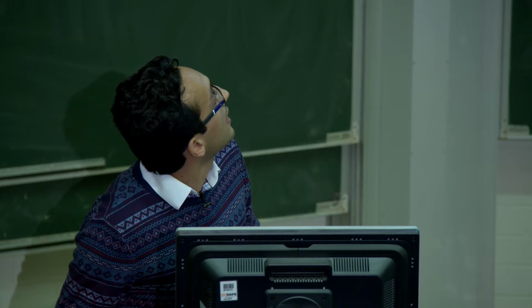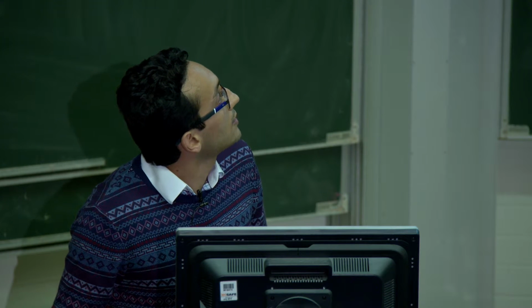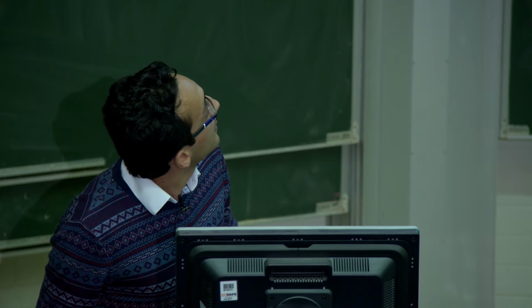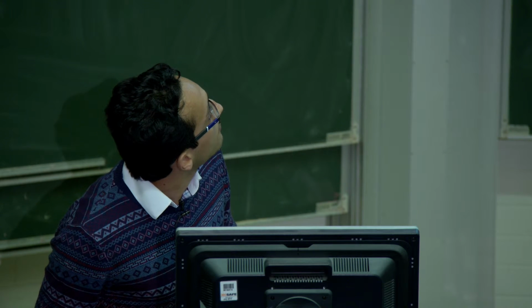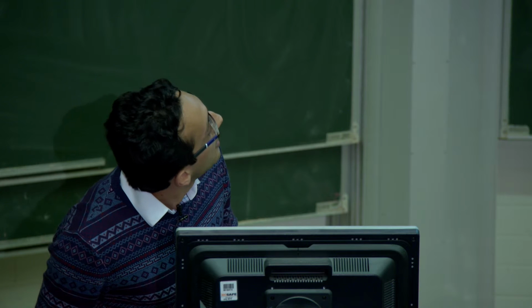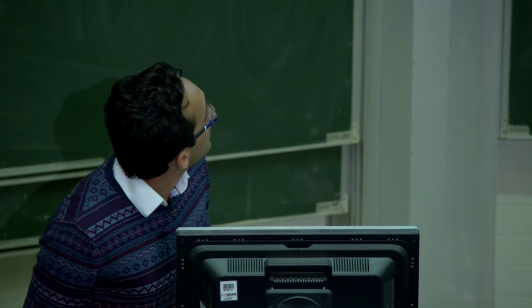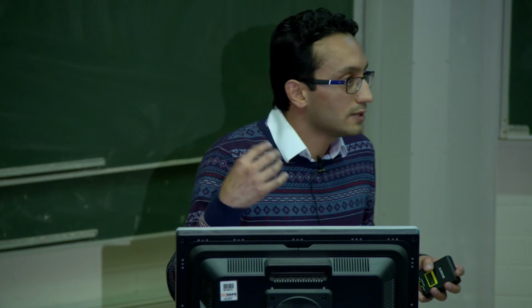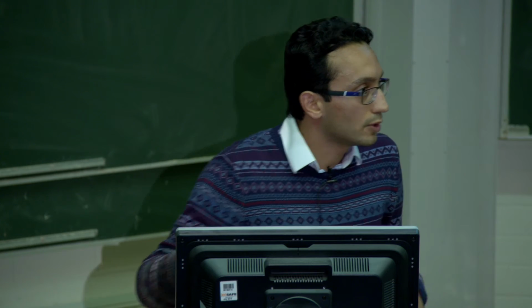So I have 6 of them of length 3, and 4 of them of length 4, and hence the average code length is 3.4 bits per character. As you can see, I have reduced from 4 bits to 3.4.